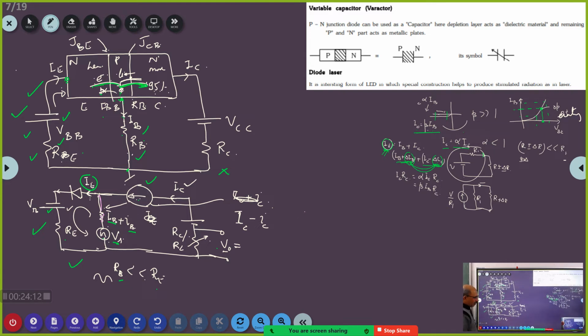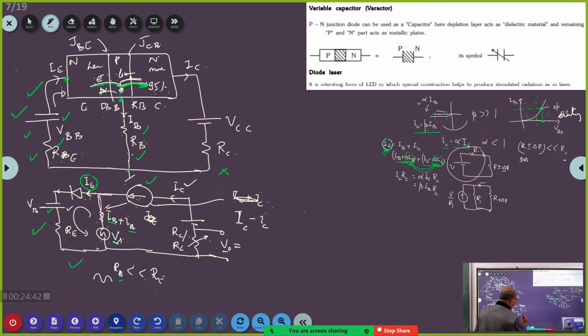IE will also change by a small amount. What I am trying to tell you is that I am introducing a small signal voltage and there is a small variation in the current, a corresponding variation IC. Now VO will have two components.